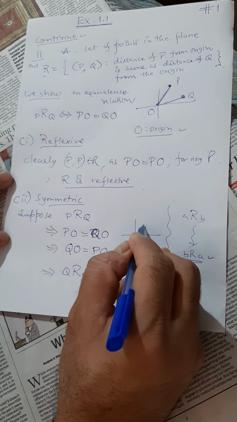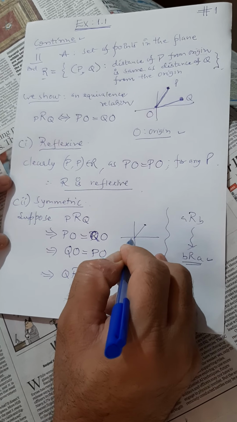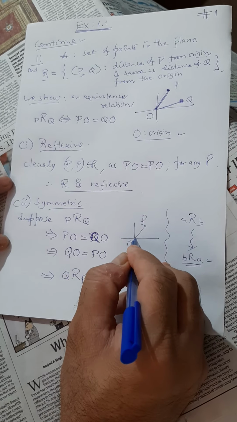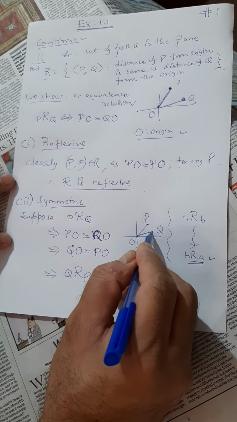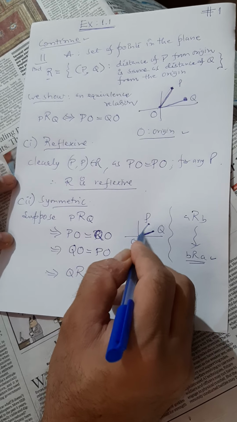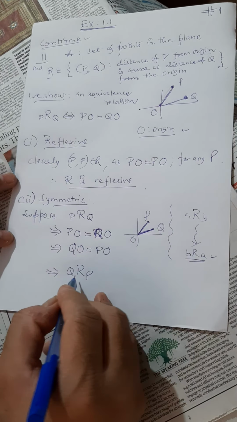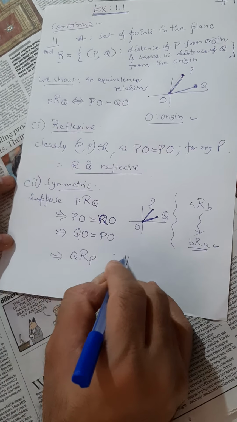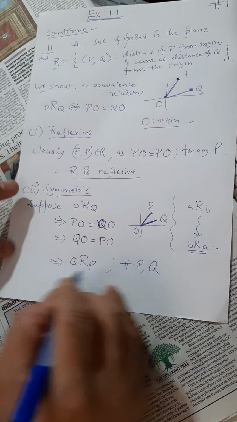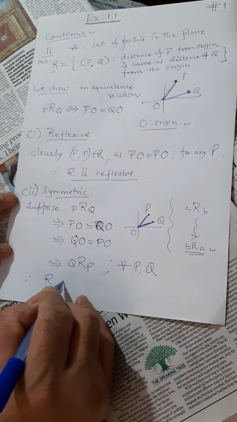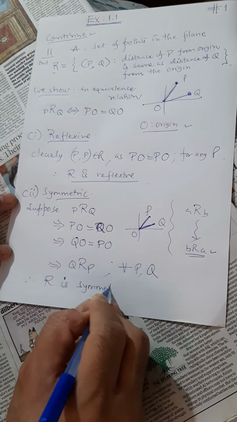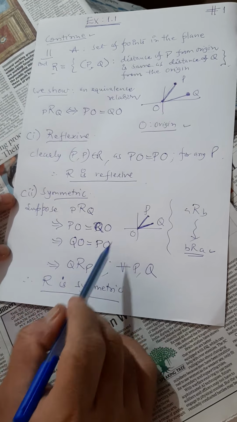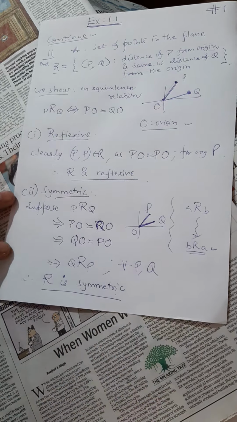Distance of P from origin equals distance of Q from origin; distance of Q from origin equals distance of P from origin. Both are the same, and this is true for every P, Q. So therefore R is symmetric. So R is reflexive and symmetric.